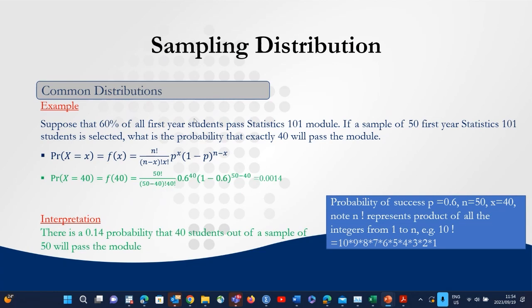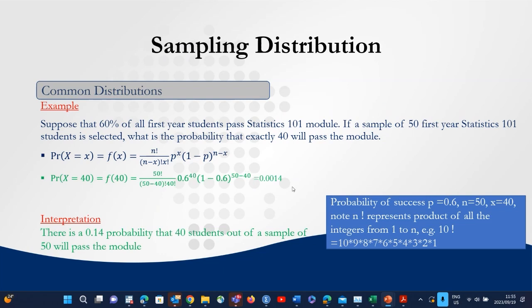Because we are talking about pass and fail, we can say it follows a binomial distribution. Then we can use what has been established to compute this probability by just plugging in the numbers. n is 50, the probability of success is 0.6, and x, the number of successes we are looking for, is 40.